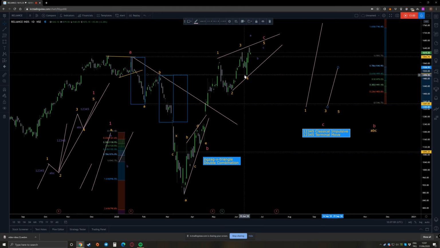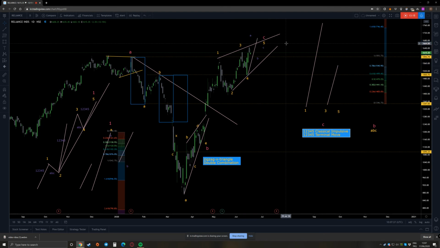So it means that if this is our fourth wave here, this fifth wave, whatever it is, cannot be larger than this. Okay? It cannot be larger than this. So what I'm trying to say is your fifth wave can be like this maximum, understand? It's important to know this.